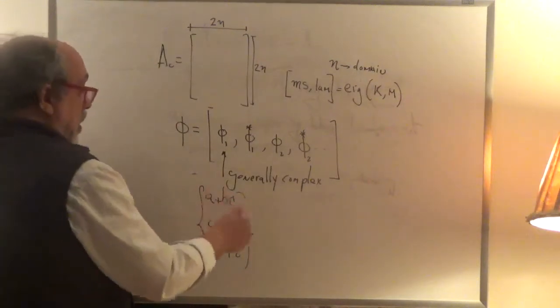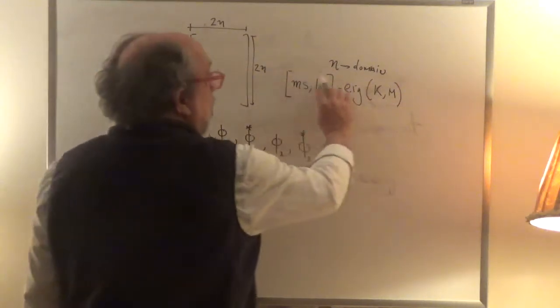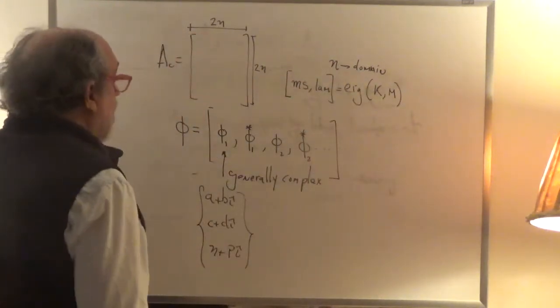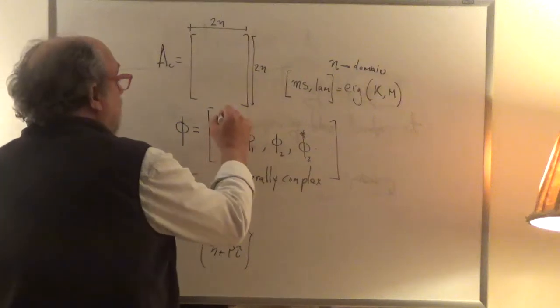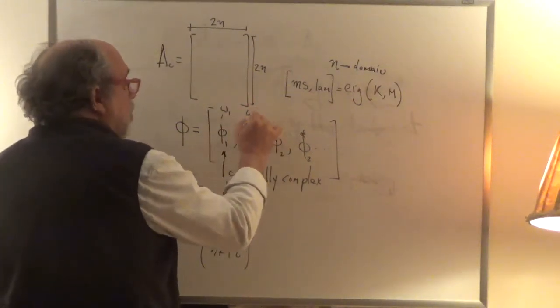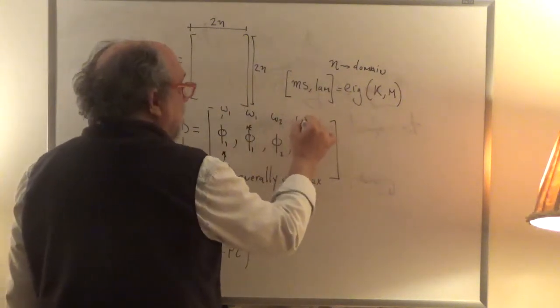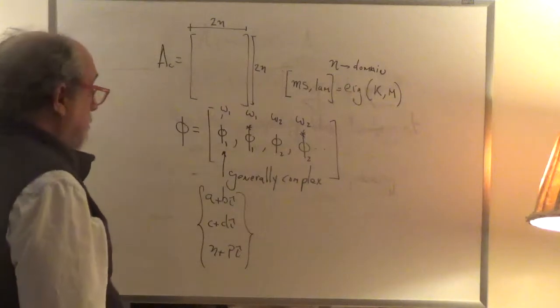So they are not, at first glance, real, which are, of course, the mode shapes that we get from here. So this mode shape, for example, is associated with the eigenvalue omega 1, so it's this one, because it's the complex conjugate. This one is with omega 2, and this is with the same one, and so on, right?